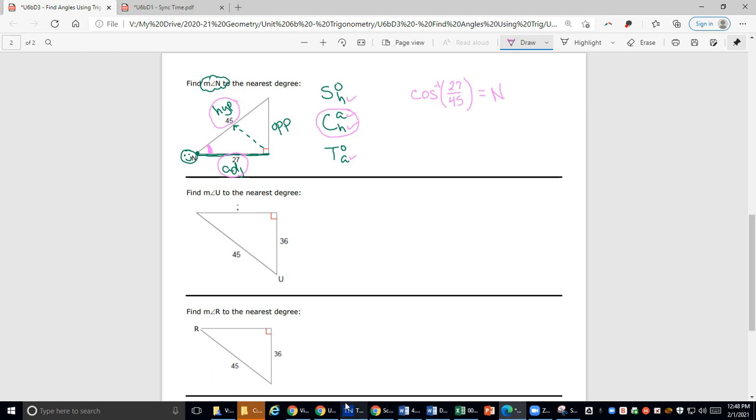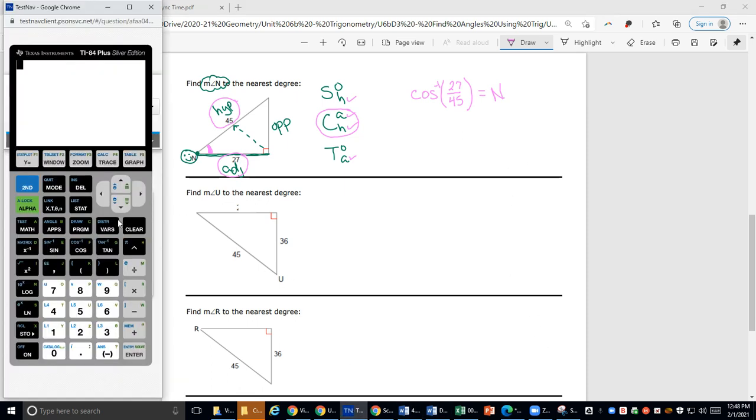Okay, so I'm going to go grab my calculator so we can do that. The inverse cosine, so remember, if I want the little blue cosine with the -1, I'm going to hit second cosine, and it opens the parentheses for me, 27 divided by 45. And you don't always have to close the parentheses, but remember, it's like a seatbelt, just safe to put it on.